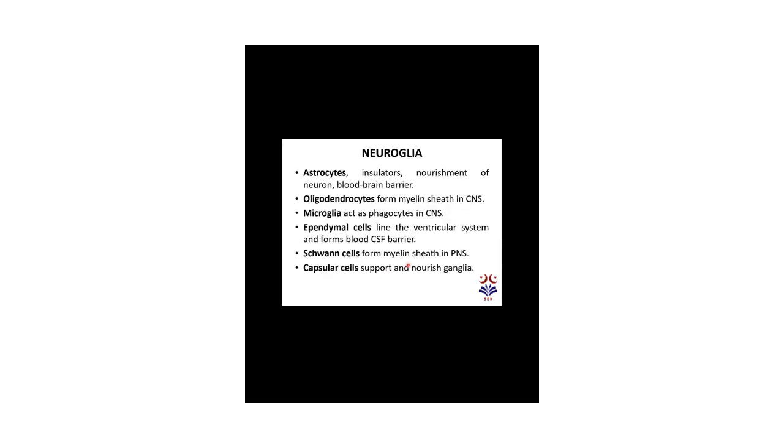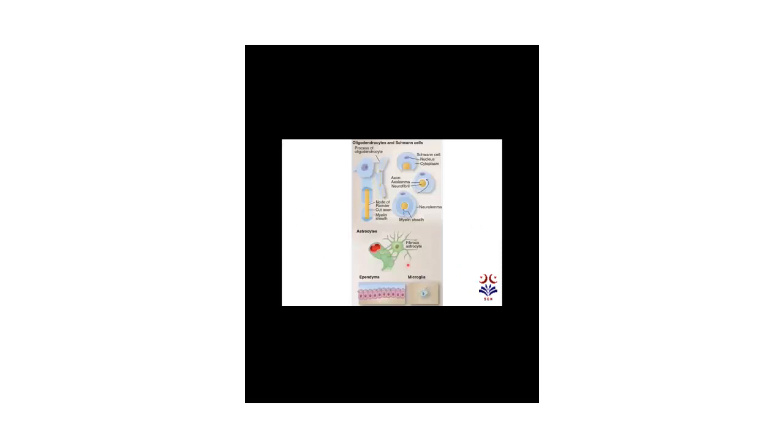So the neuroglia, the various types, here in this picture you could see. They are like ependyma, which line the ventricles. Then the microglia, the smallest cells, and they are responsible for phagocytosis. Then the astrocytes, they provide nourishment, and they also form the blood-brain barrier with the capillaries.